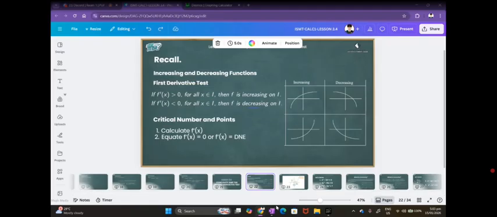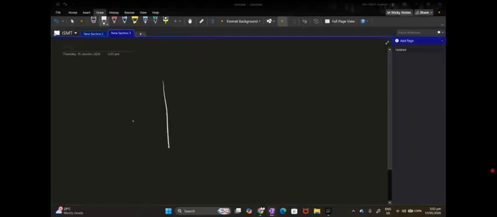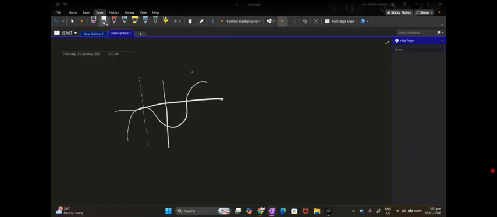So, sinasabi lang here, try ko ito para mas maintindihan. Meron tayong function, kunwari paganito. So, let's say, the first derivative is greater than 0.